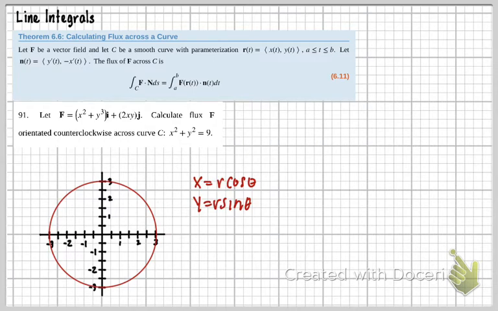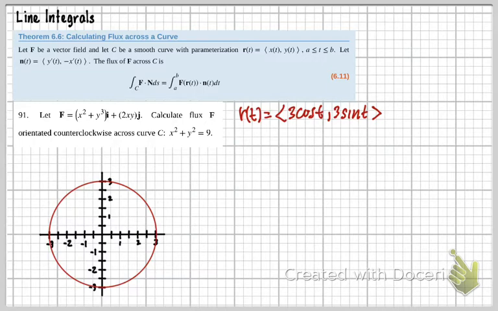So the way that's going to look is our r(t) is going to equal 3 cos t, 3 sin t. Now again, I'm going to have to work with this a little because the orientation could be in the wrong direction. Remember, we're supposed to go counterclockwise. So I'm just going to pick a few t values, starting at t equals 0.